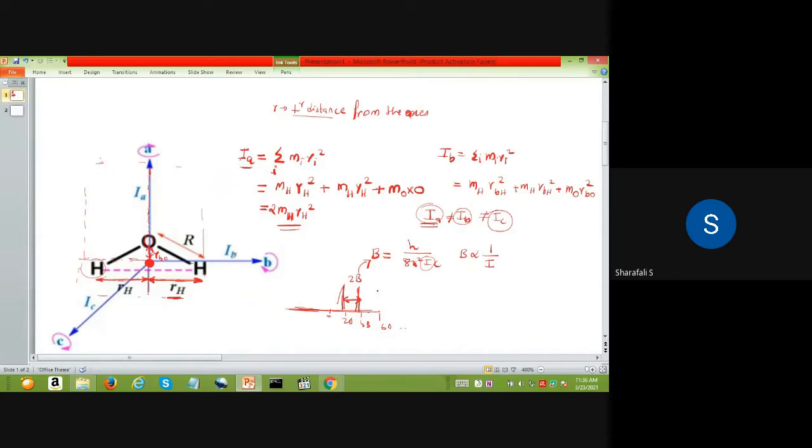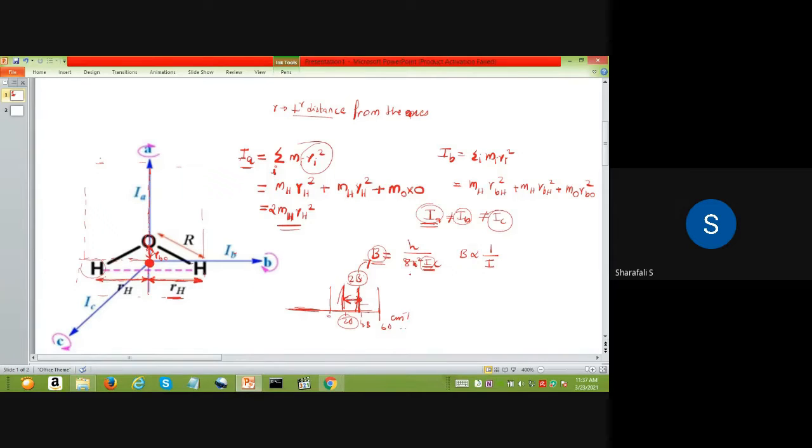Different lines will be coming, each separated by a distance of 2B, and that B you will get from the spectral analysis. You can get the 2B value, and if you substitute the B value here, you can find out the moment of inertia corresponding to that molecule. Then from that moment of inertia, you can calculate the atomic distance in that molecule.